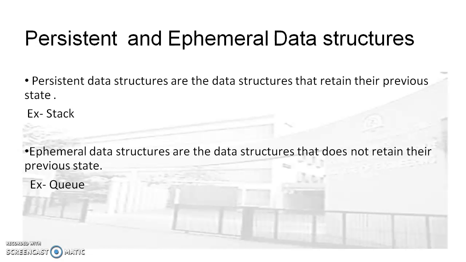But apart from that, you can also implement persistent binary trees, or you can make even other data structures persistent by retaining their previous state. Then there are ephemeral data structures which do not retain their previous state, like the queue. Whenever operations are performed on the data structures, it undergoes a change in the state and the previous states are never again recalled in their life cycle. So that is the ephemeral data structure.